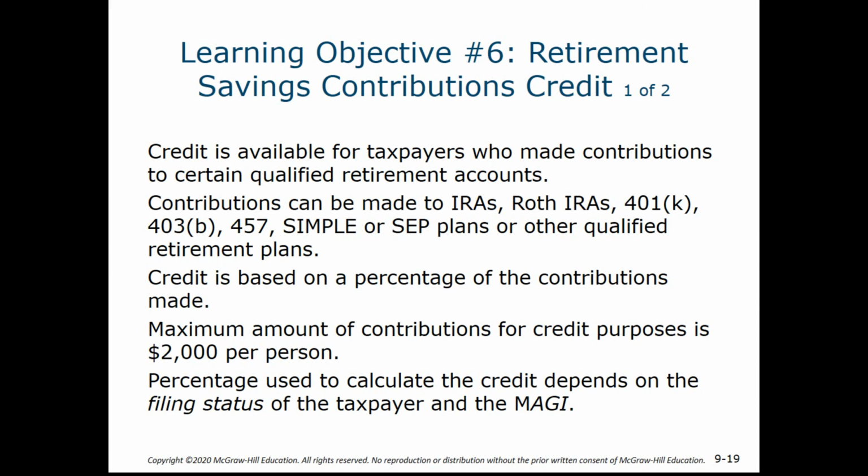So the credit is based on a percent of the contributions made. The maximum amount of contributions for credit purposes is $2,000 per person. And we again use the modified adjusted gross income to determine the amount to apply against the percentage.